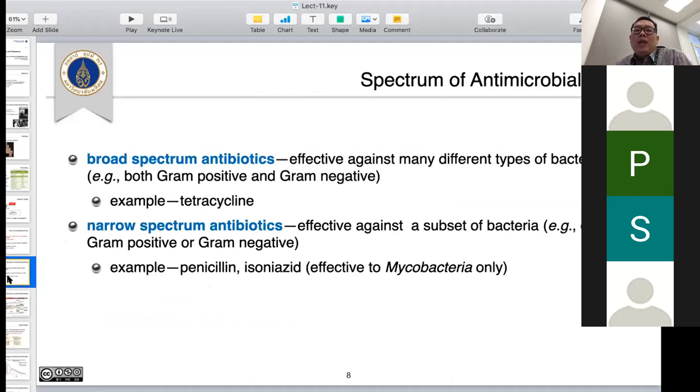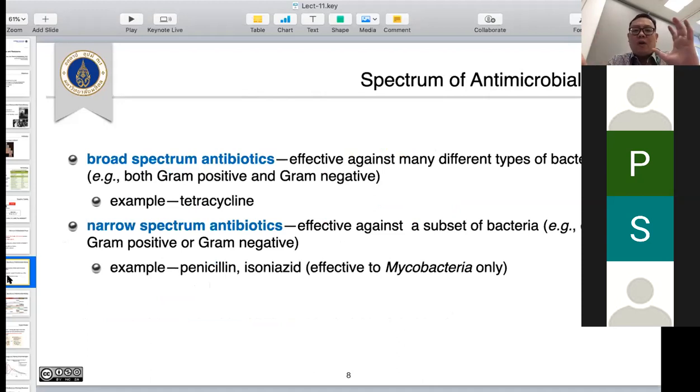Okay, we know the drug can have two modes: stop bacteria, kill bacteria. Okay, and what types of bacteria do they stop or kill? That refers to the spectrum of antibacterial, or antimicrobial, activity. Okay, we have the terms broad and narrow spectrum.